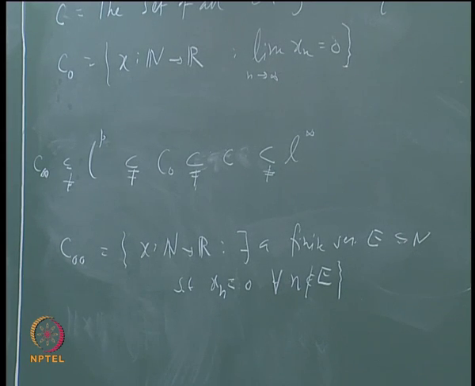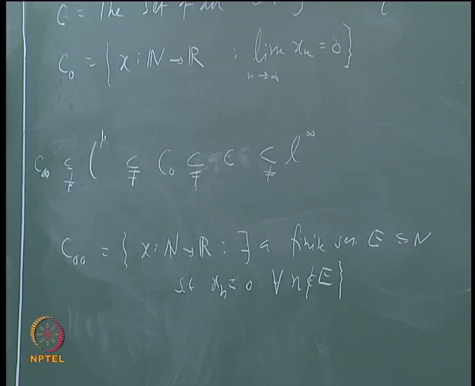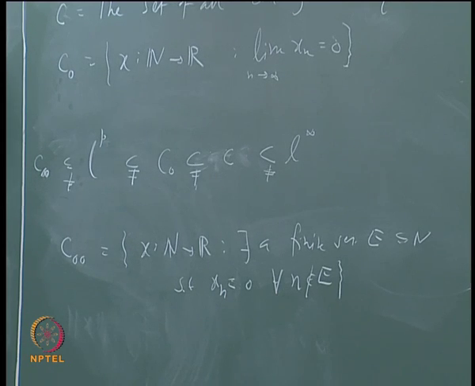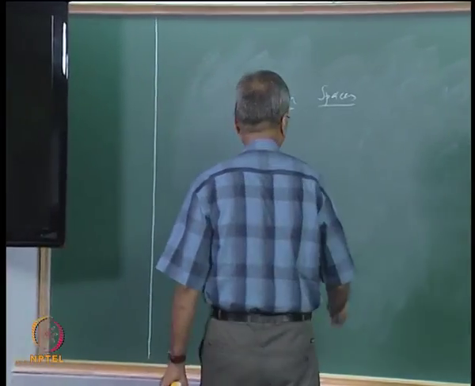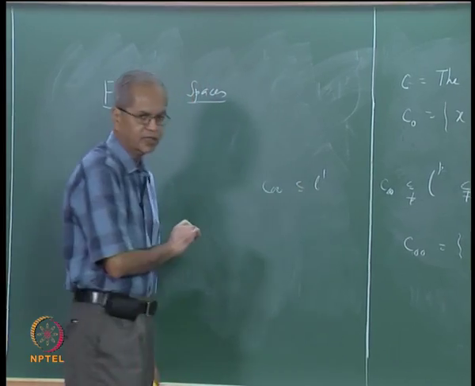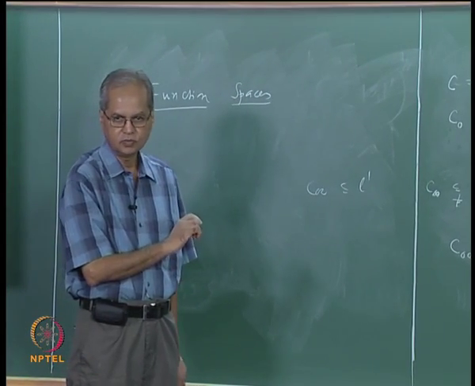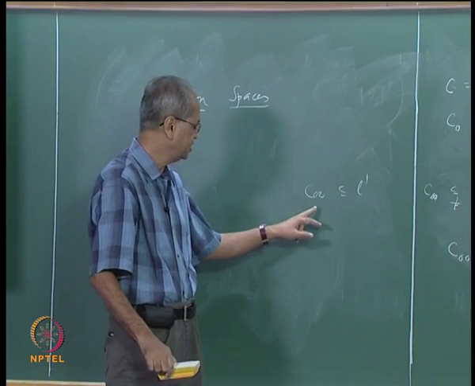Can you give me an example which is not in C0 naught but which is, let us say, in L1? 1 by n is not in L1, so give me an example which is in L1 but not in C0 naught. 1 by n is not in L1, but it is not in C0 naught also.